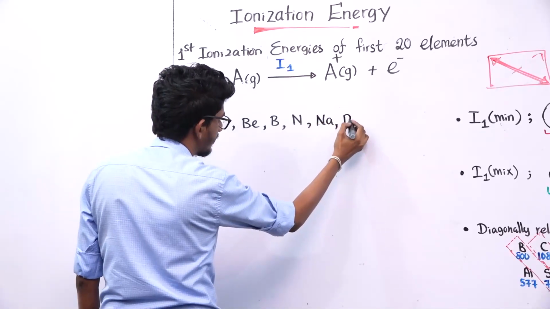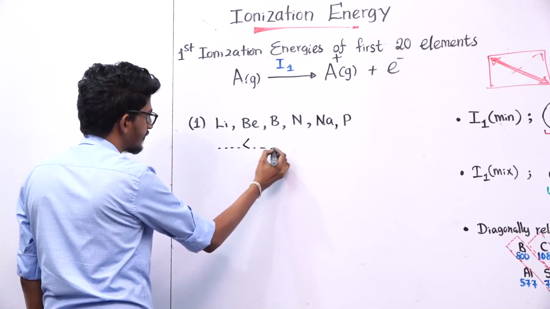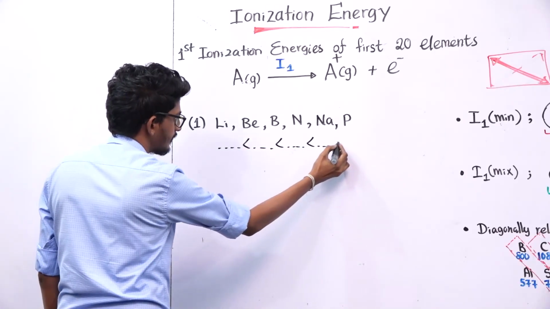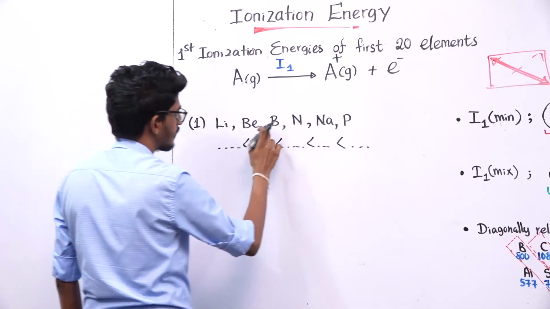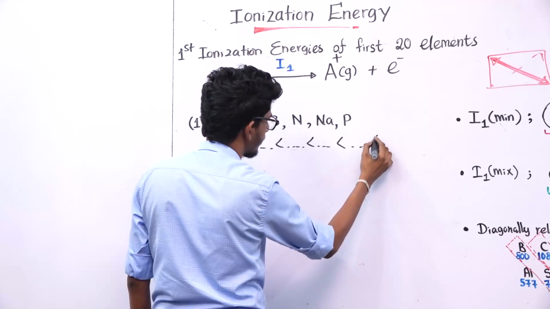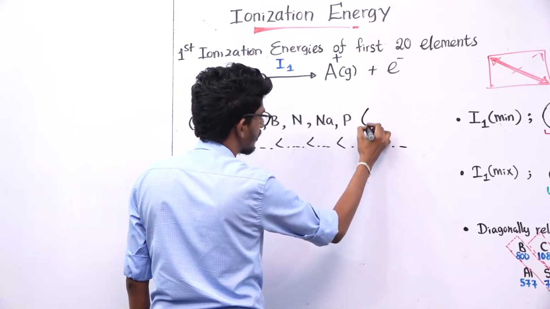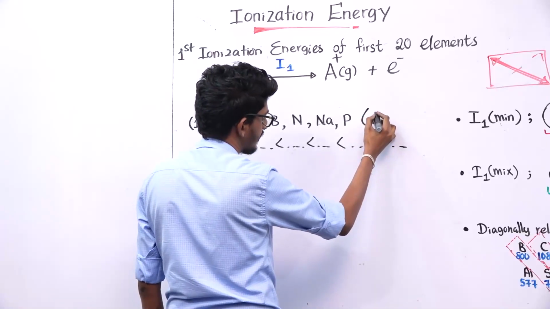You are expected to locate these guys in the increasing order of I1, the first ionization energy. Let's see.